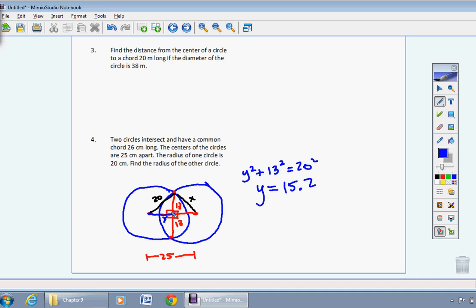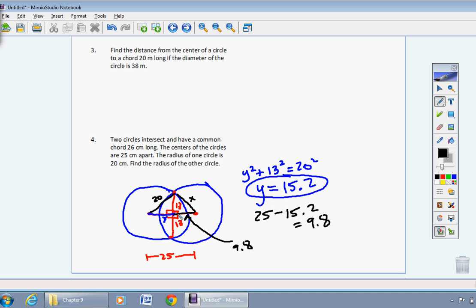Like we just showed, we used the Pythagorean theorem to show that y is actually 15.2, which means that the distance from the middle of the chord to the center of the second circle is going to be 25 minus 15.2, which gives me about 9.8. So I know that this distance here is 9.8.